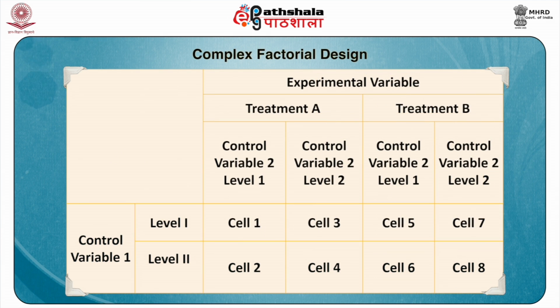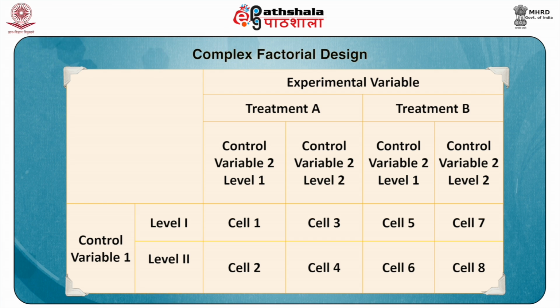Look at the figure. You can find that there are different levels and control variables of the different factors involved. This is the complex factorial design. With the number of levels increasing, we will find that the number of cells also increases.